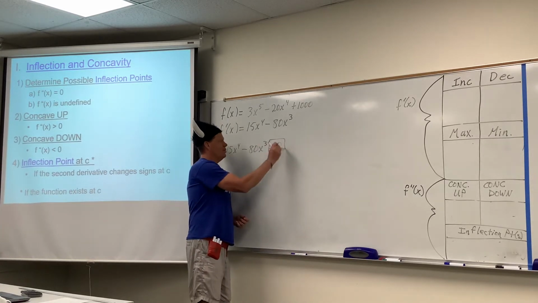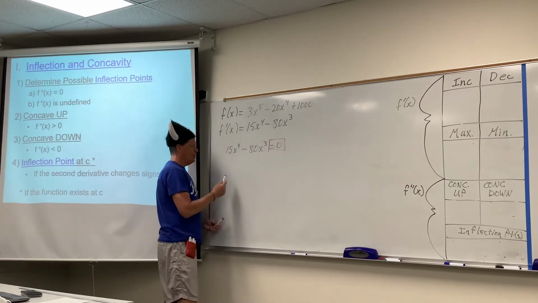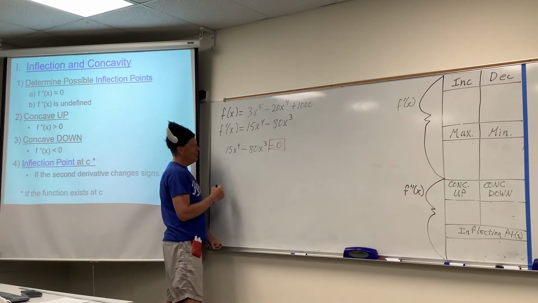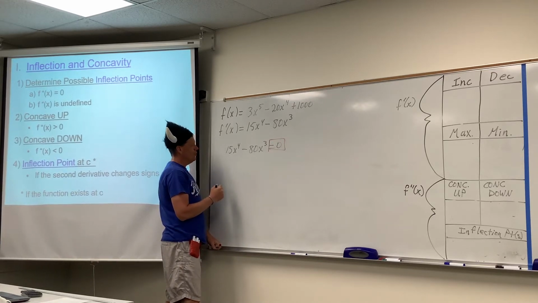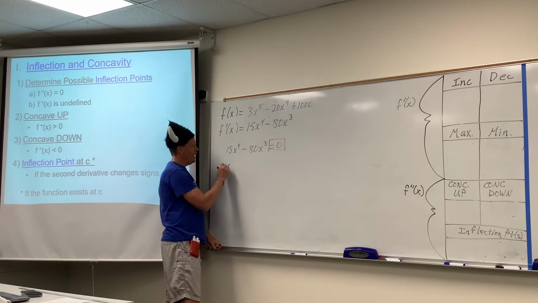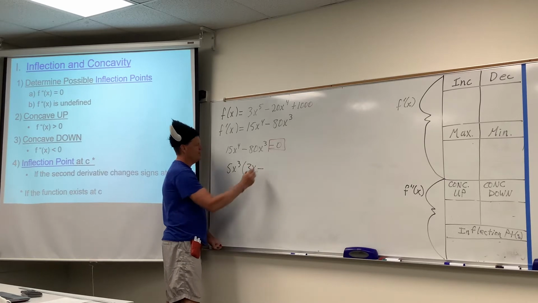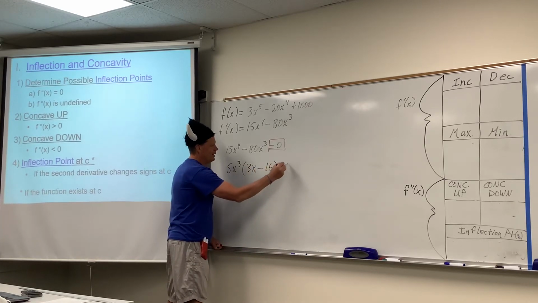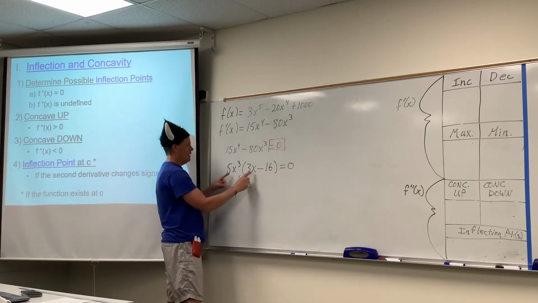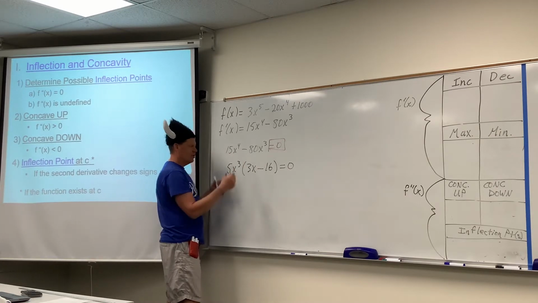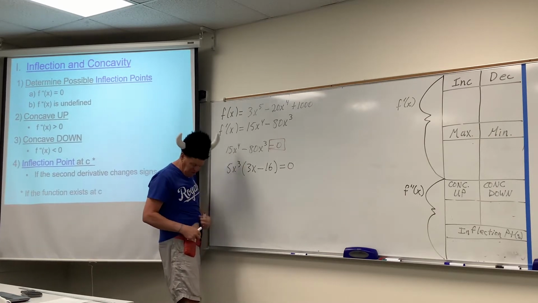All right, so I reviewed algebra with you, but I can't do that much more. So let's see, what can we do? We can factor out, I believe, a 5x cubed, and that would leave 3x minus 16 equals 0. Let's double check. 15x to the 4th minus 80x cubed. It would serve me right if I mess up in my algebra.